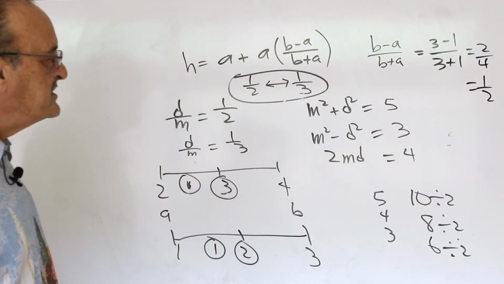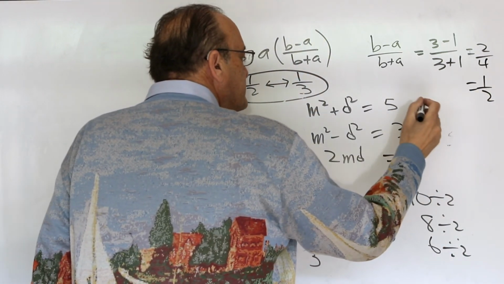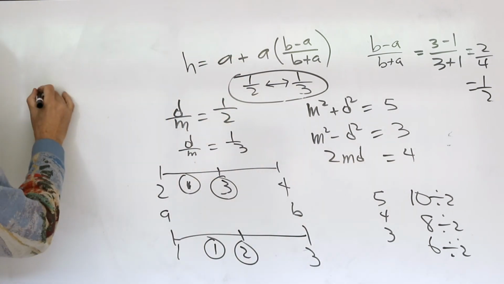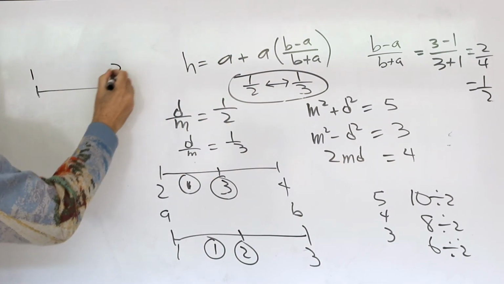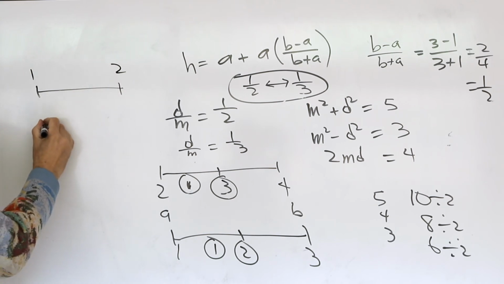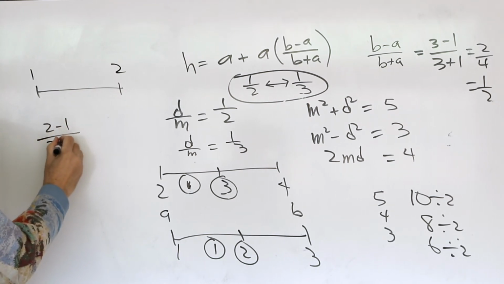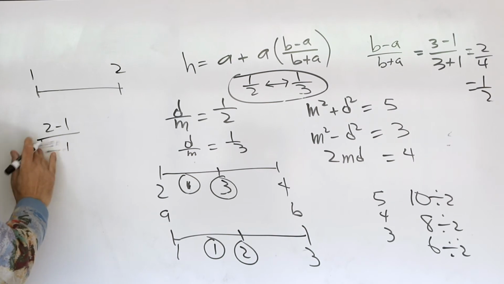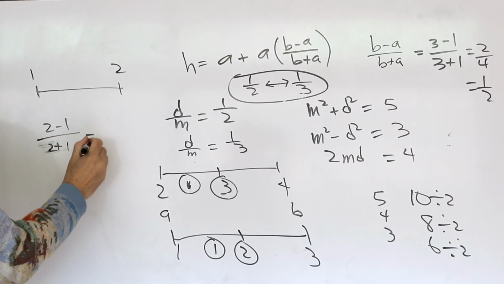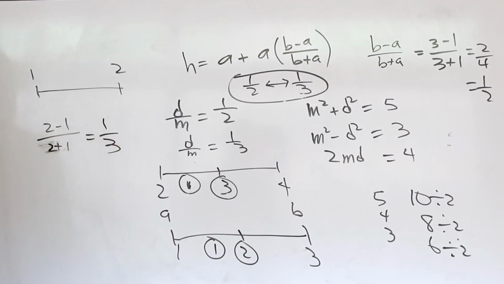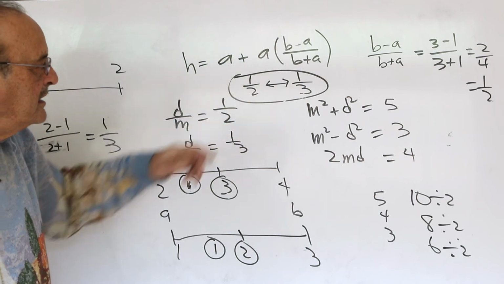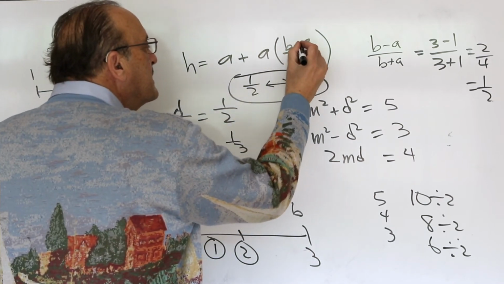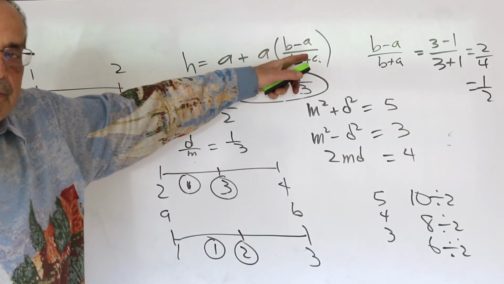So it takes the fraction 1/3 and gives you 1/2. If you start with 1/2, you go b minus a over b plus a, and you're going to get 1/3. So b minus a over b plus a, which is part of the harmonic mean, is also used for Pythagorean triangles.